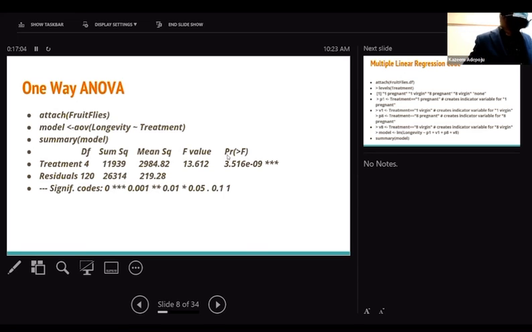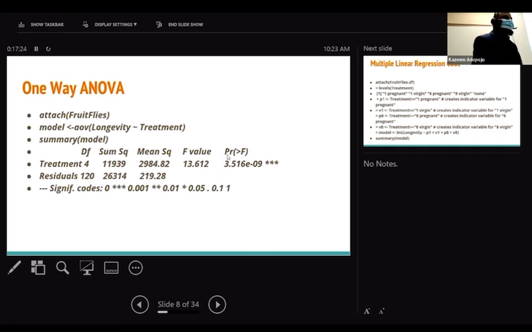We can also use multiple linear regression, which I'm going to show you. I'm just trying to tell you the similarity between linear regression and analysis of variance.